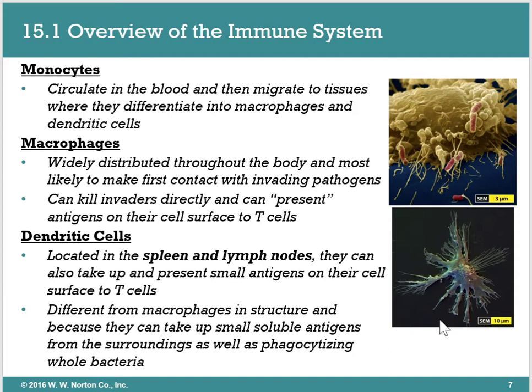The only way that they are similar is the fact that they go around presenting antigens to T cells. But dendritic cells do have the ability of phagocytosing bacteria as well, but they almost always do presentation. So those are monocytes, macrophages and dendritic cells.